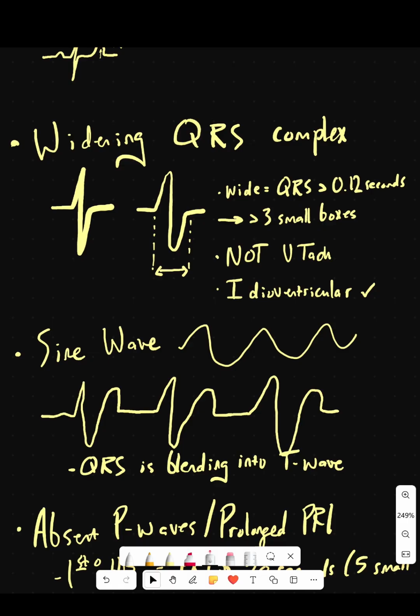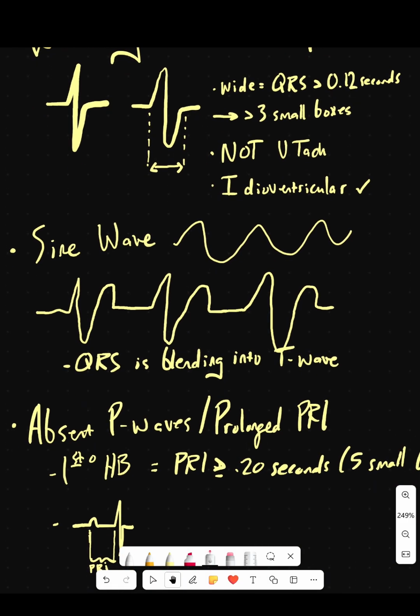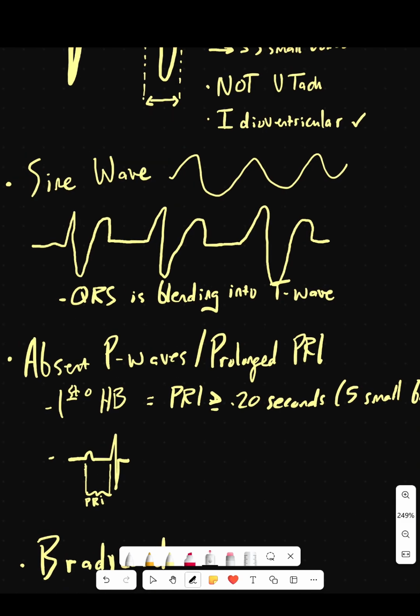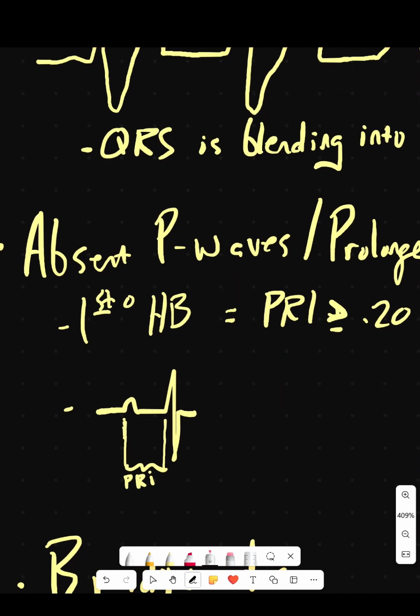All right, as that rhythm deteriorates, it can dominate or eliminate the P wave. If you do have a P wave, you might see a prolonged PRI. And just a reminder, that's called a first degree heart block, all right? So, we are measuring PRI from the beginning of that P wave to the beginning of our QRS complex, all right?